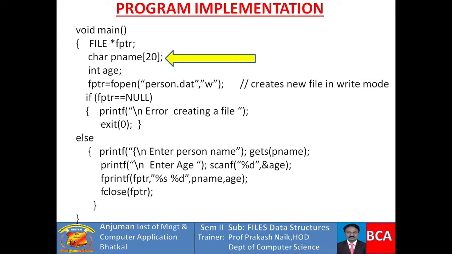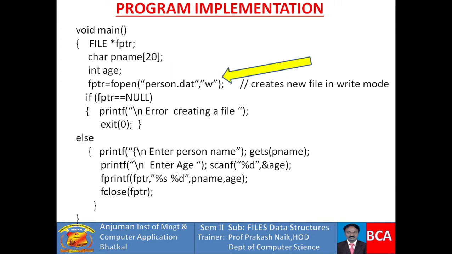The next line, char pname[20]. So here an array called pname is created with a data type called char. So next line, int age. Here a variable called age is created, and the type of data that is going to be stored in this age variable is int.